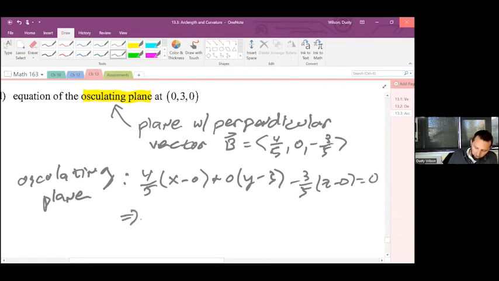Or if you simplify it, we have 4/5 x minus 3/5 z equals 0.